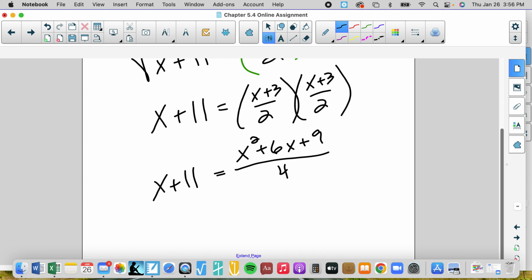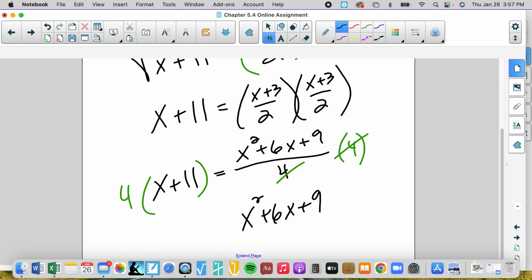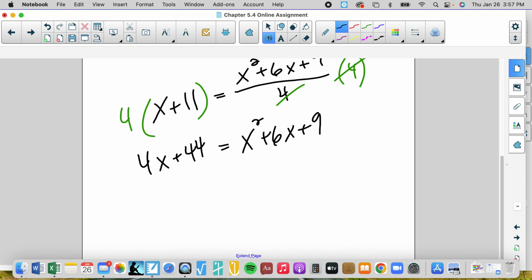Okay, that's not bad. Let's multiply everything by 4. Get rid of these fractions. Cancels. We're left with x squared plus 6x plus 9. This gives us 4x plus 44. Let's minus 4x, minus 4x, minus 44, minus 44.